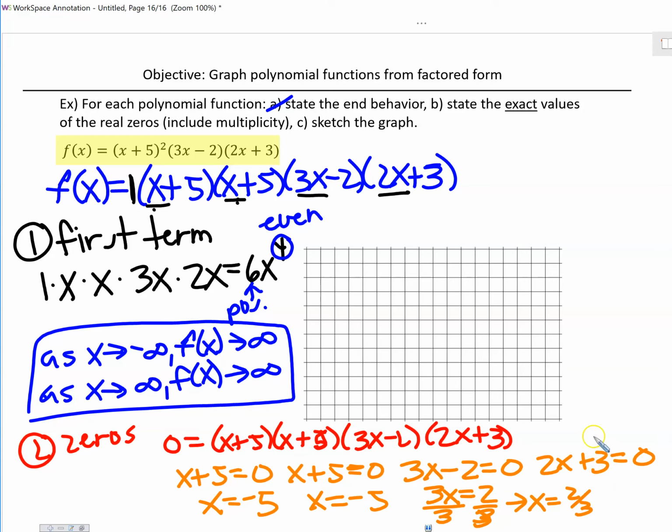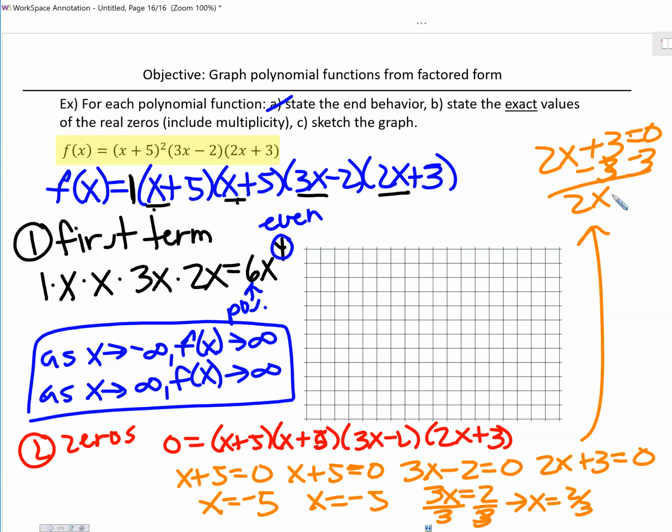And then for this one, I'm going to bring it up here because I'm kind of out of room here. Here we would subtract 3 first, undoing the addition, and then divide by 2, which gives us x equals negative 3 over 2, which is negative 1.5.